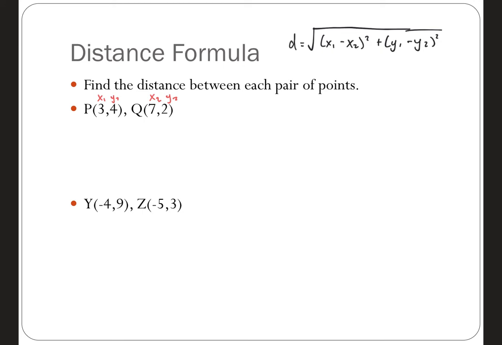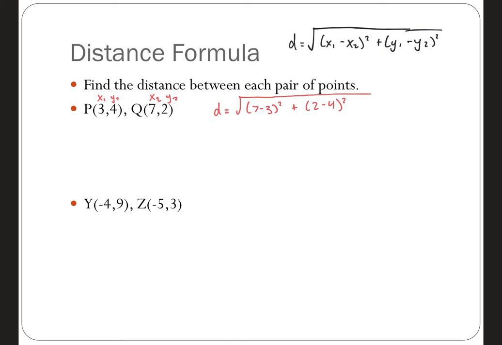So what I'm going to get is d is equal to the square root of 7 minus 3 squared plus 2 minus 4 squared.